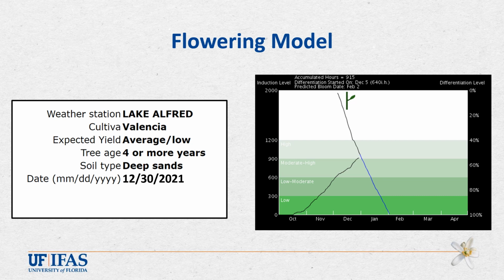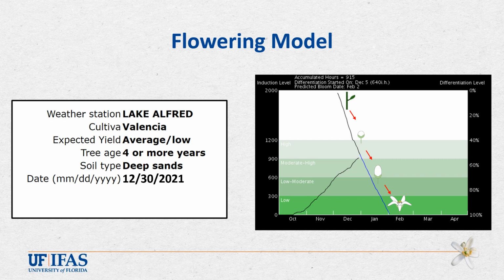As the line moves down to 100% differentiation, this moves us through the stages of bud formation and elongation and eventually to fully open flowers. In other words, this differentiation line serves as a bloom prediction line, with 100% differentiation representing full bloom.